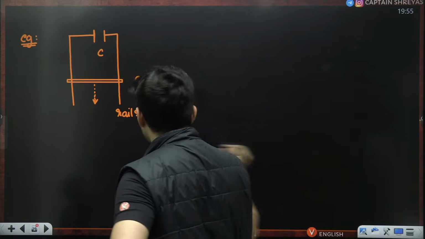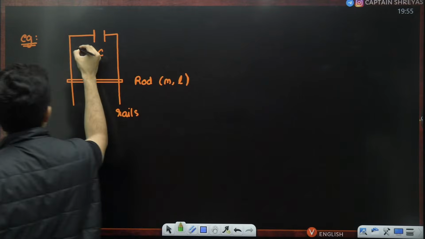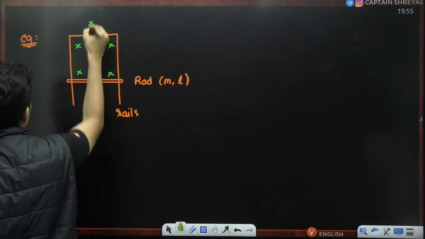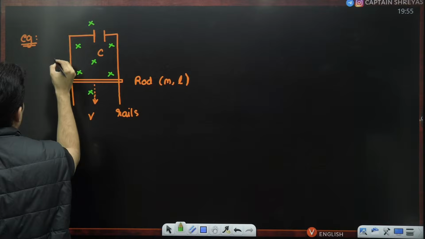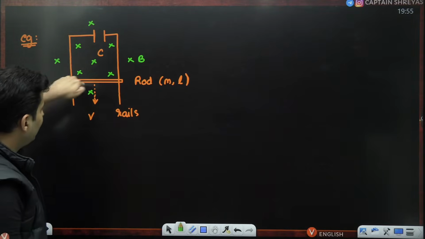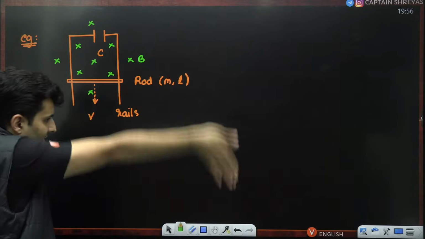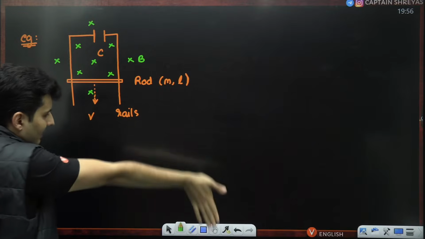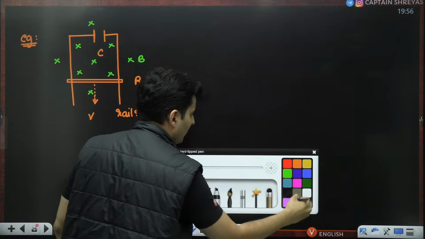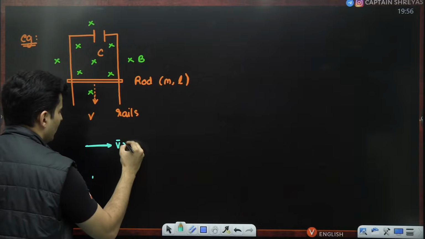So if this is coming down velocity wise, and let's say the magnetic field is inside like this, so V is down, magnetic field is inside, V cross B makes my thumb go towards the right hand side.